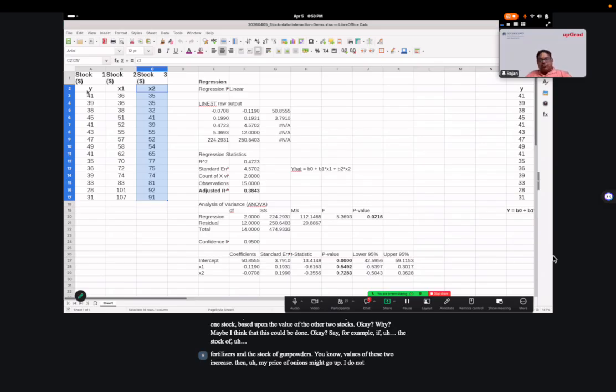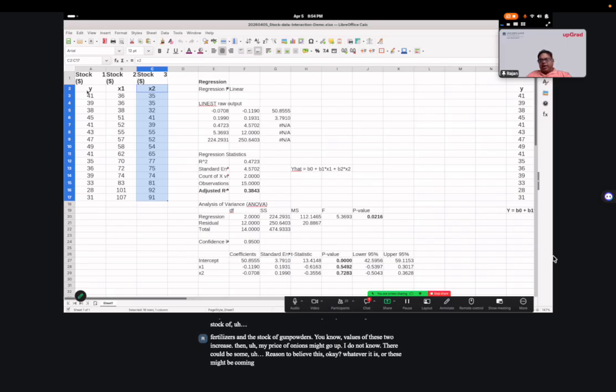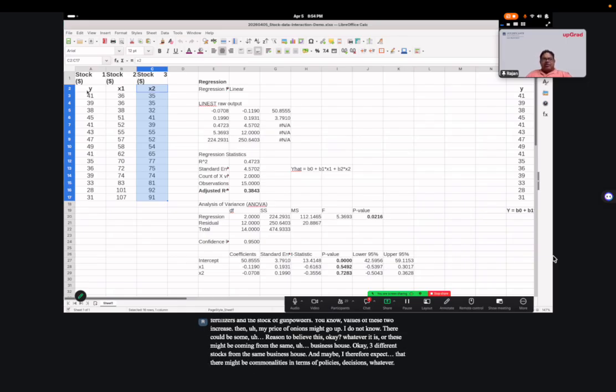I do not know. There could be some reason to believe this. Or these might be coming from the same business house, three different stocks from the same business house, and maybe I therefore expect commonalities in terms of policies, decisions, whatever. Therefore they might have similar behavior, or I can model one based upon the other two.